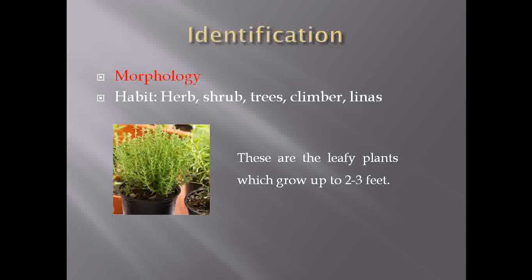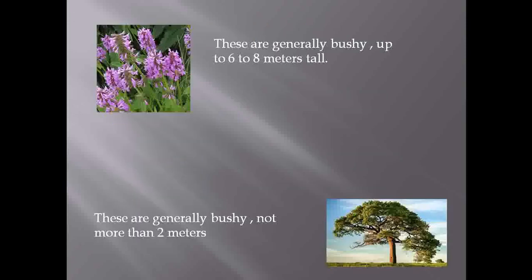So let's see what herb species are, also called herbaceous species. These are also called leafy plants which can grow up to 2 to 3 feet. So these are categorized under herb.